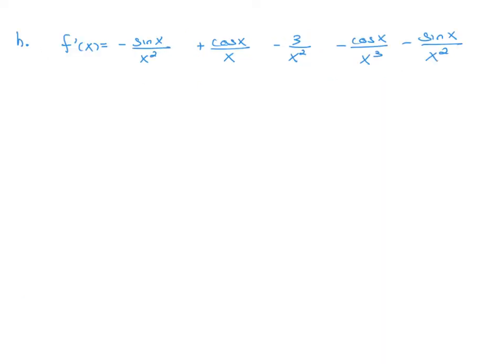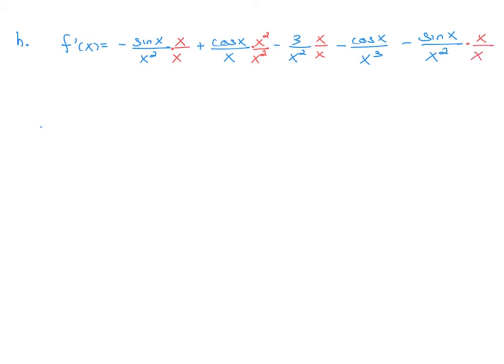So let me copy this down. So here was the previous function that we had. I know I want a common denominator of x cubed, so I can multiply the first fraction by x over x. The second fraction I can multiply by x squared over x squared. The third fraction I can multiply by x over x. I don't have to do anything to cosine x over x cubed, but here I can multiply by x over x.